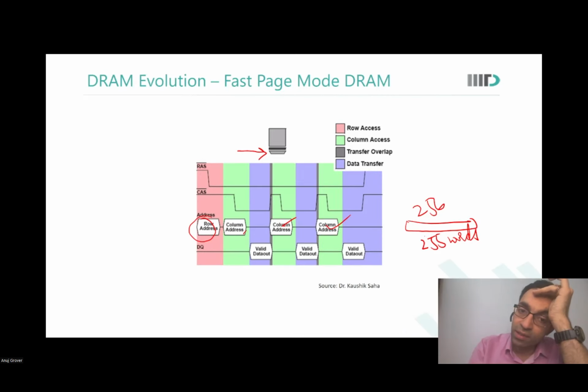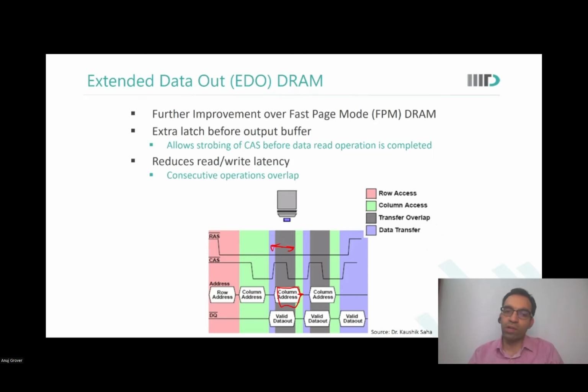Look at this. Only after the old data was no longer valid did I send the row address strobe or the column address strobe there. Over here, we are saying, as soon as I have finally sampled valid output, I can switch over to access the next valid output.